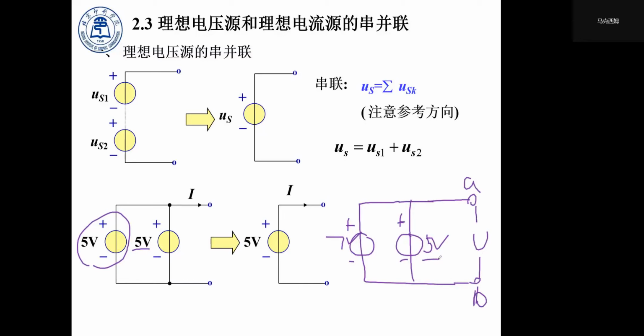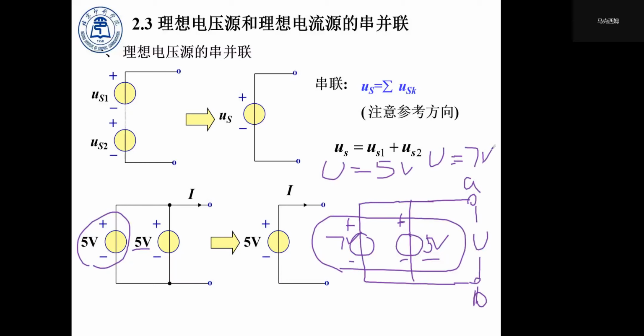So you can't put two ideal voltage sources with different values and attach them in a parallel way with nothing in between, because that creates a paradox, which means U equals 5 volts and, in the meantime, U equals 7 volts. It contradicts itself, so that could not happen.